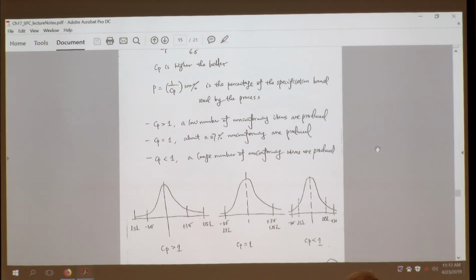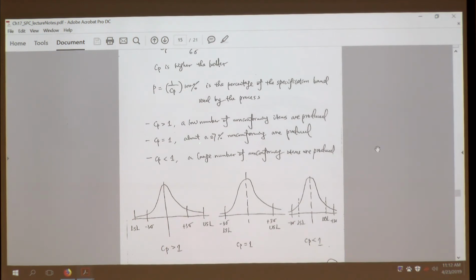When CP equals 1, your process capability is just about the same as what the customer wants. And CP less than 1 means you are not doing that well. The customer wants this range, but you can deliver only in a much bigger range. So when CP is less than 1, a large number of non-conforming items are produced.